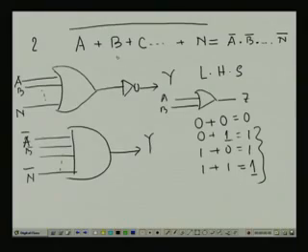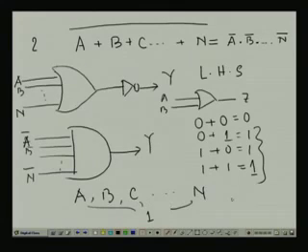So, that means from this A, B, C, up to n, if any one is 1, then it will be a 1. And left hand side is actually the complement of the whole thing, the n input OR gate. See the results. So, it will be 0.